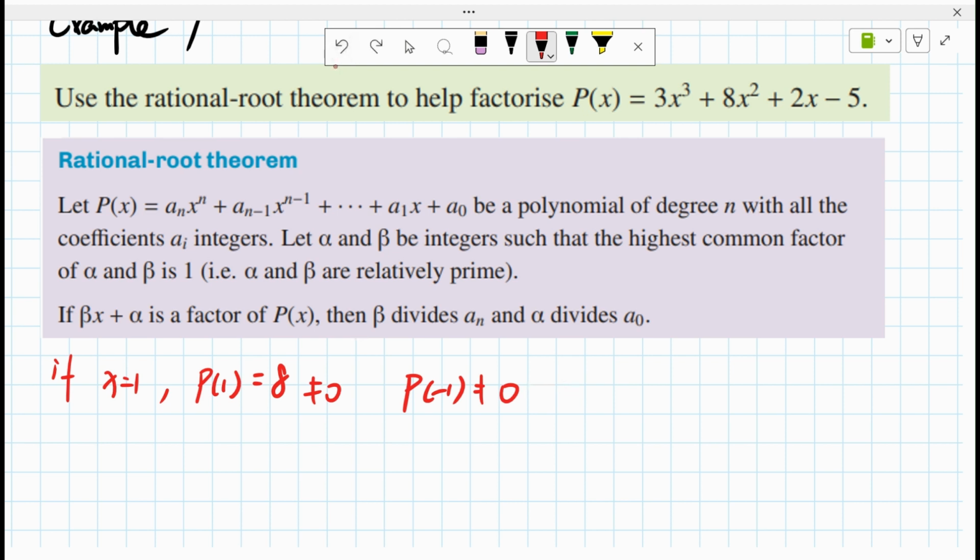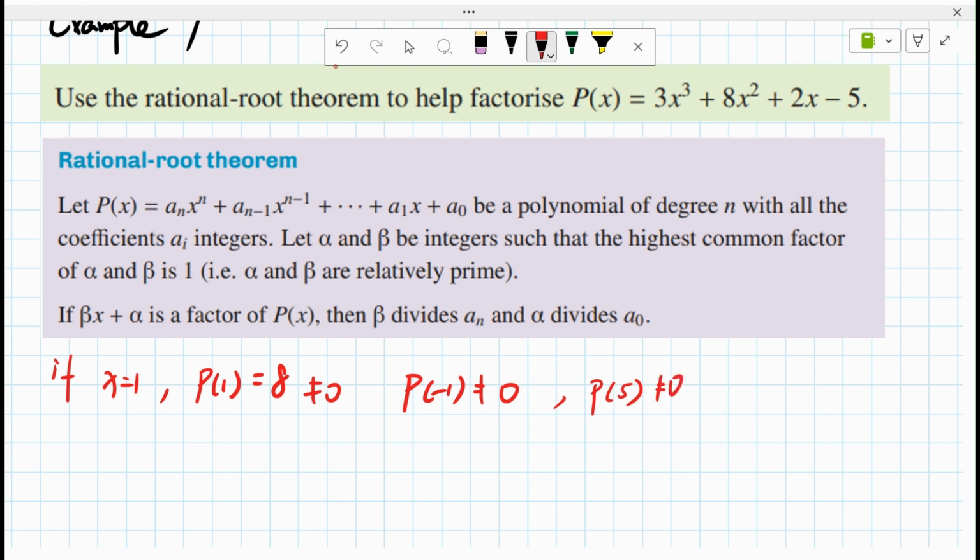Let's try another one, maybe P(5), which is 125 times 3, giving 425, and definitely that's not equal to 0. Okay, so there is no integer root.